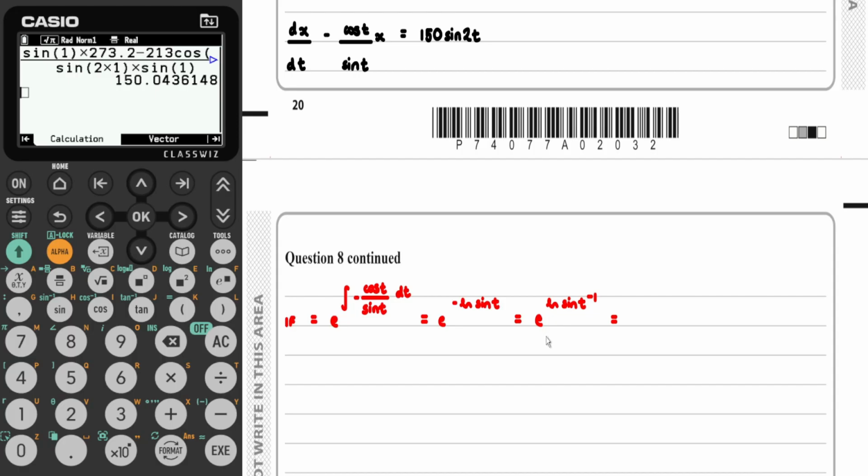Sin t to the negative 1 is cosec t, so we have e to the power of the natural log of cosec t, which is quite simply cosec t. And so we would have cosec t times x equals the integral of cosec t times 150 sin 2t dt plus c.